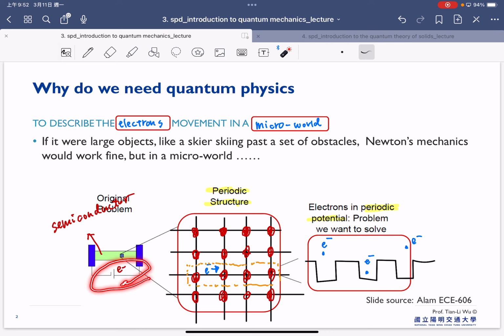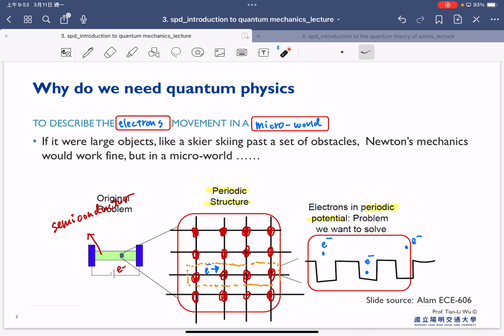But if you look closer, the material is made of this periodic structure, and therefore the question becomes the electron moving inside this periodic potential structure, interacting with these atoms.